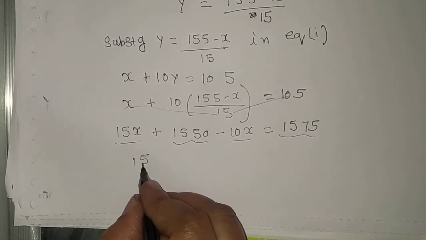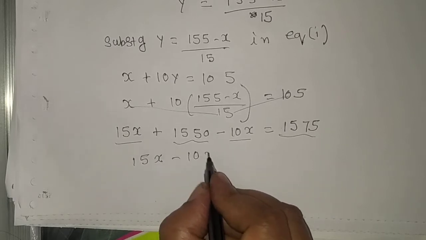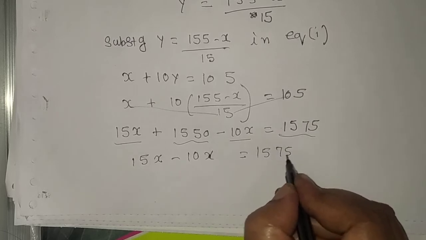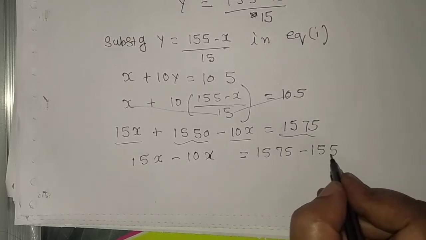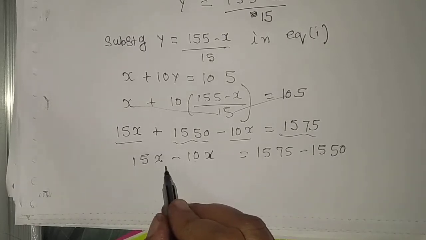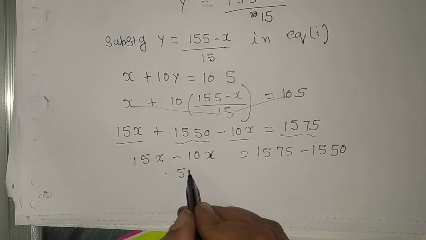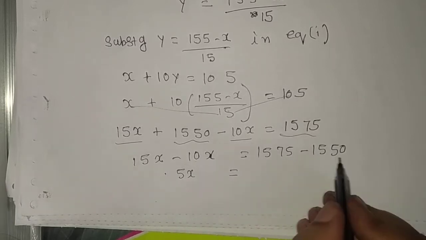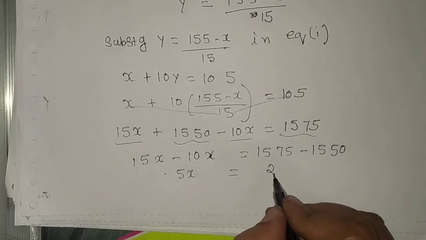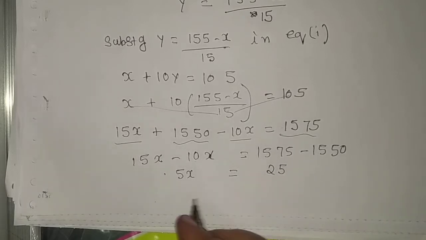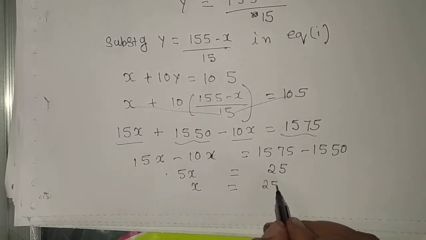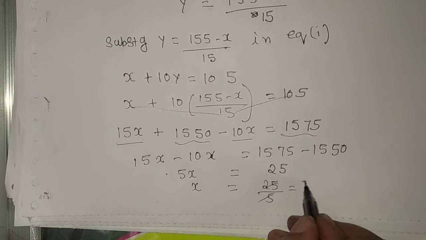Therefore 15x minus 10x is equal to 1575 minus 1550. So 15 minus 10 is 5x, equal to 25. Finally x is equal to 25 by 5, which is 5.